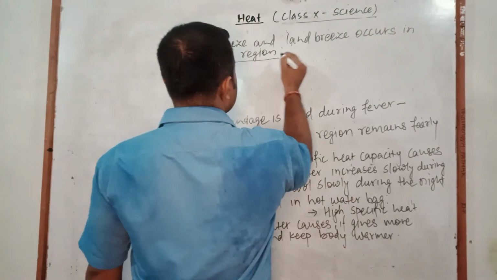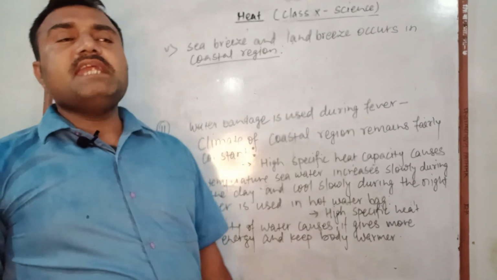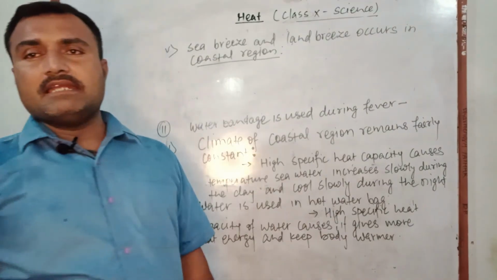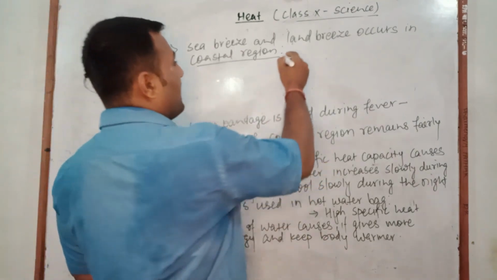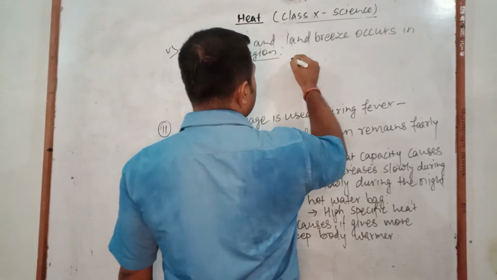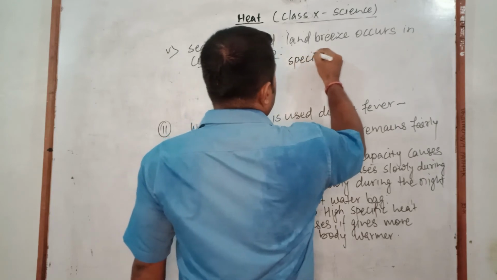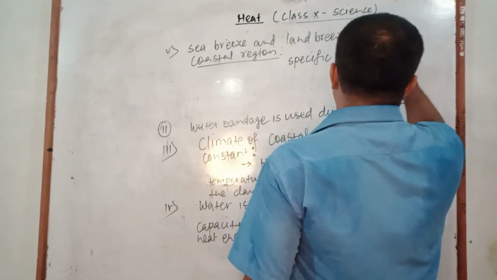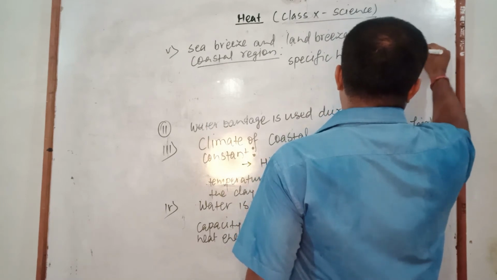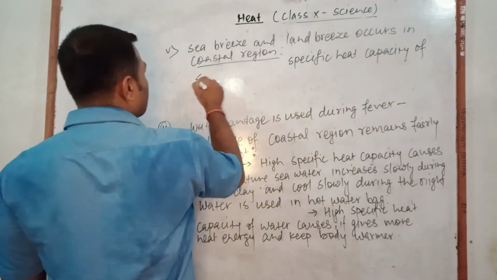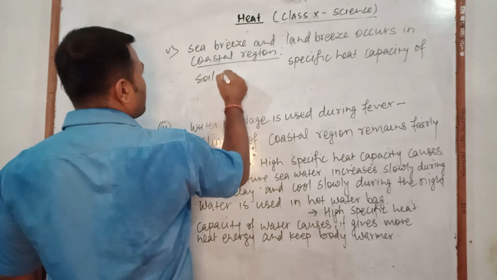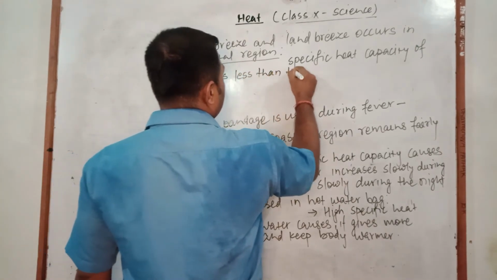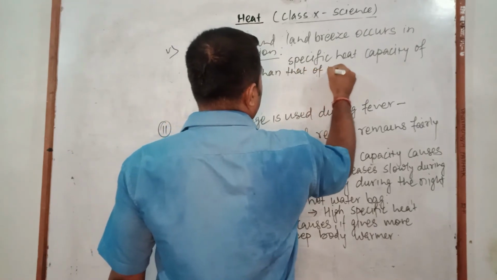It is also due to the difference between the specific heat capacity of water and land in coastal regions. The reason is that the specific heat capacity of soil is less than that of water.